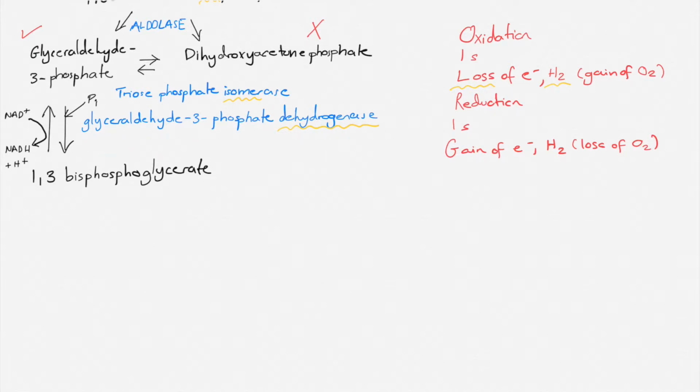But what's happening actually is that whilst glyceraldehyde 3-phosphate is being oxidized to 1,3-bisphosphoglycerate, your NAD+ is being reduced to NADH, because reduction here, as we talked about, is the gain of hydrogen. And we can see before we were deficient of hydrogen, and now we have that hydrogen molecule there.